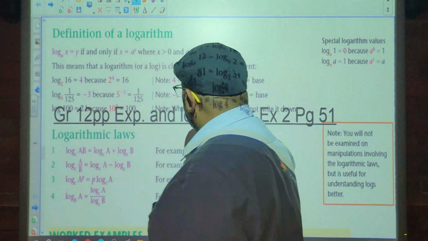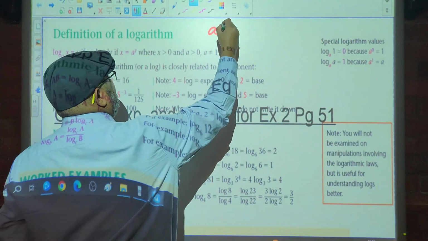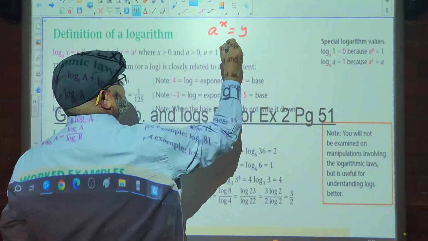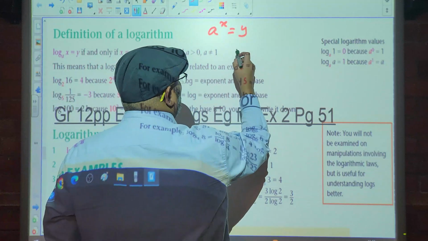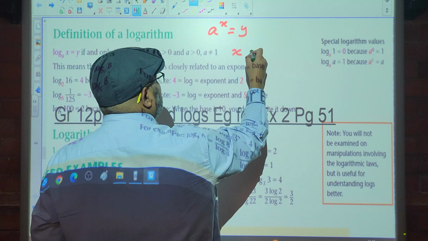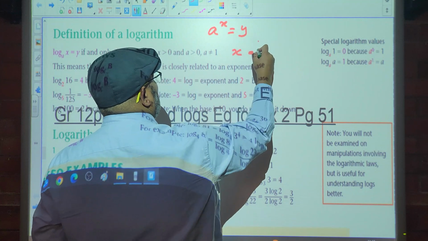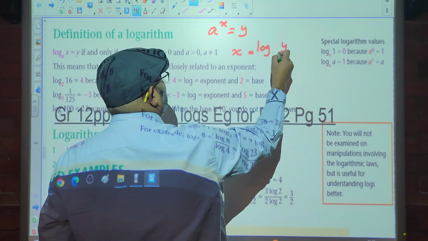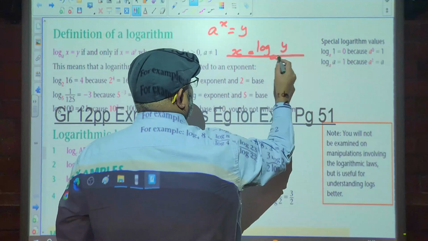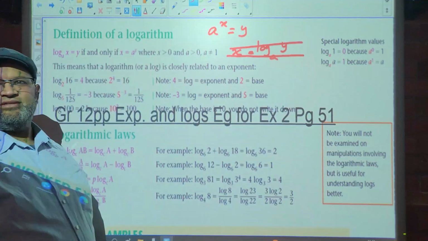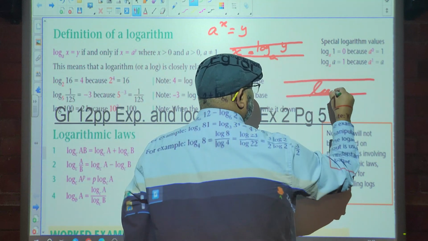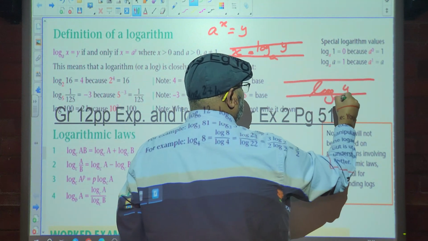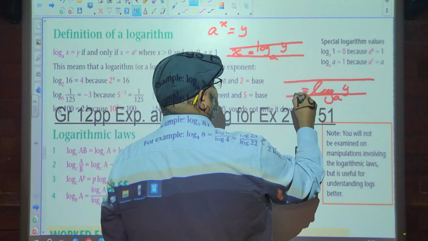Something to note at this point is that if A to the X is equal to Y, then if I change this from exponential to log form, X is equal to log Y base A. That's how we write it in your book. Okay, so that is your X.